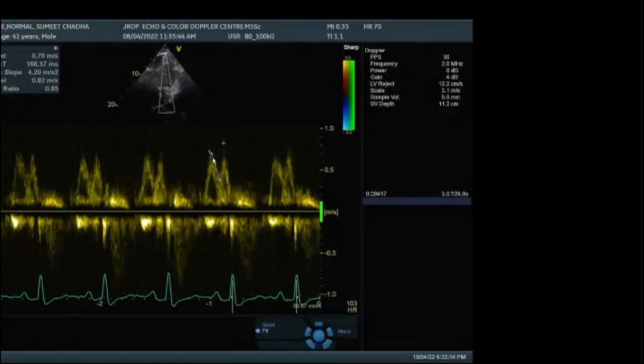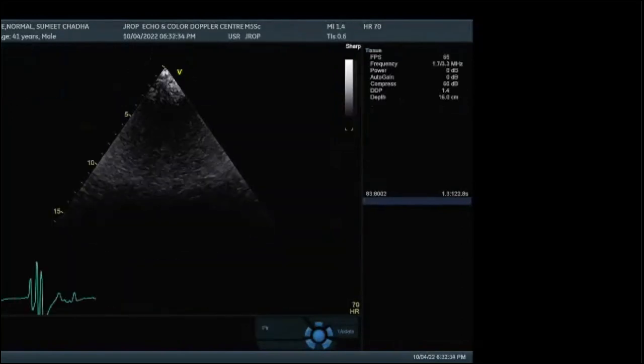Sir, secondly, I have seen the parasternal long axis view. Can you please show me the parasternal short axis view at the aorta, mitral valve, papillary muscle, and at the apex?